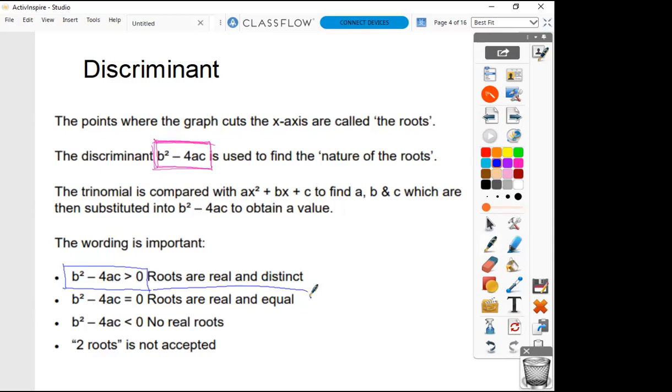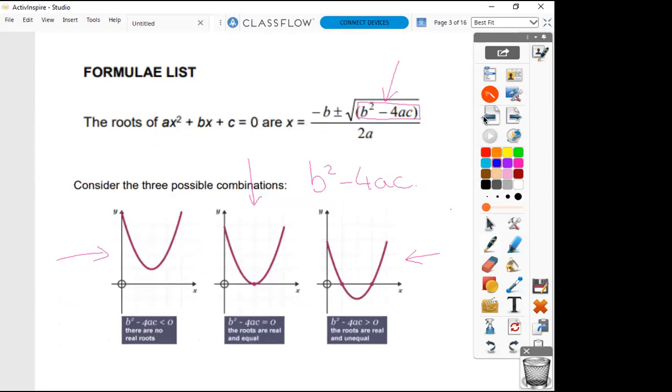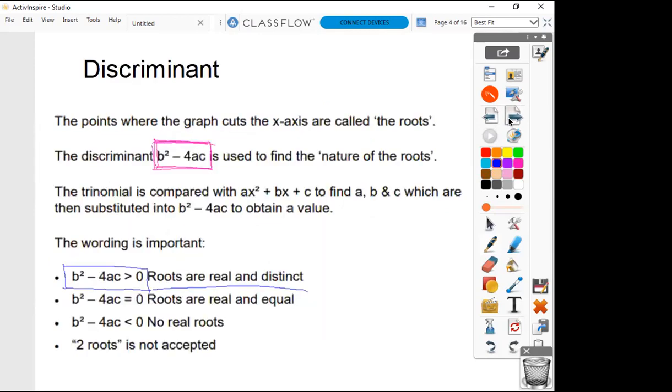That means there are two roots, and they're separate to each other, like the one on the far right. It's cutting the x-axis at two places. So b squared minus 4ac is greater than 0: the roots are real and distinct.